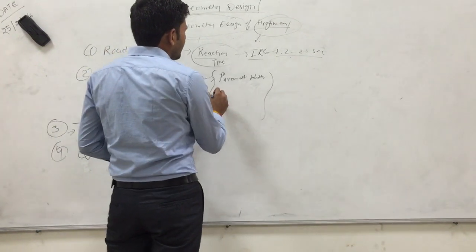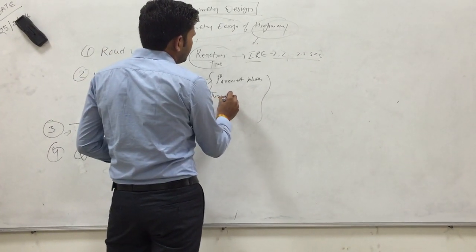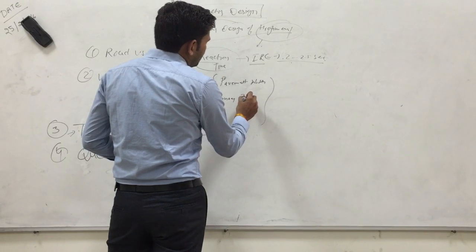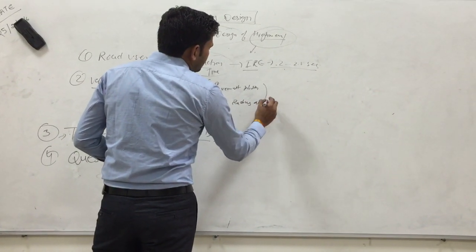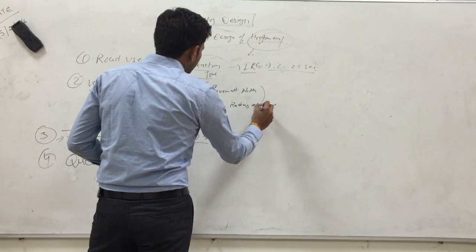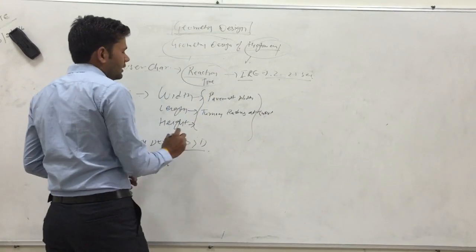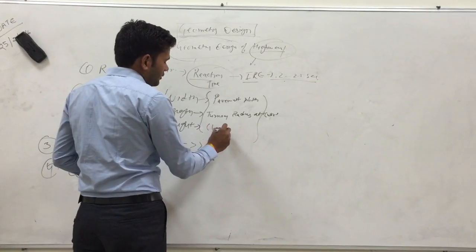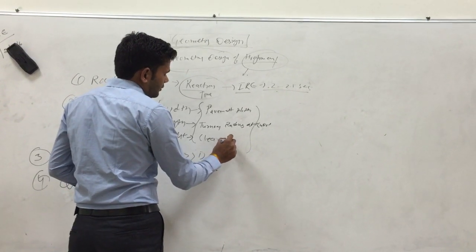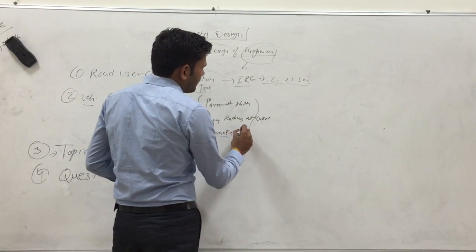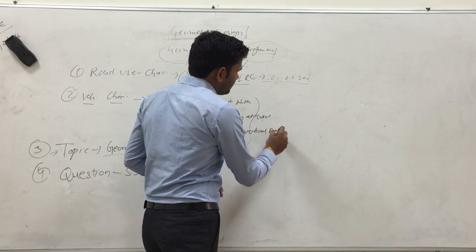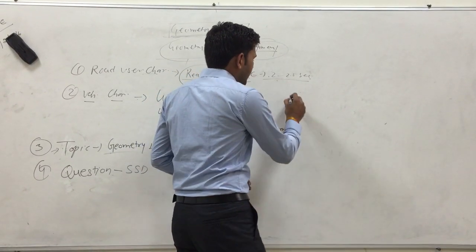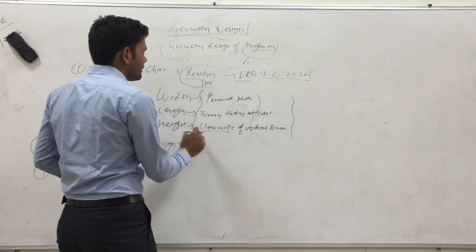Length influences the turning radius at curve. Height influences the clearance of vertical dimension.